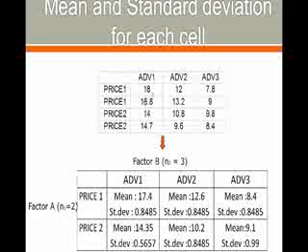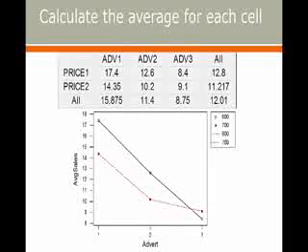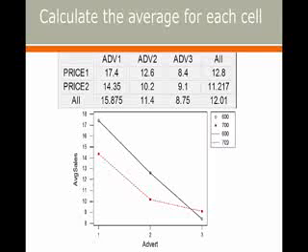Also, for each pair, I will calculate the standard deviation. Therefore, I have this matrix. For the 3 levels of advertising and the 2 prices, for each one I got the mean and the standard deviation. The first thing we will do is to see if we have possible interaction.